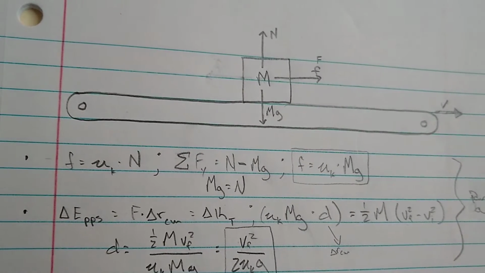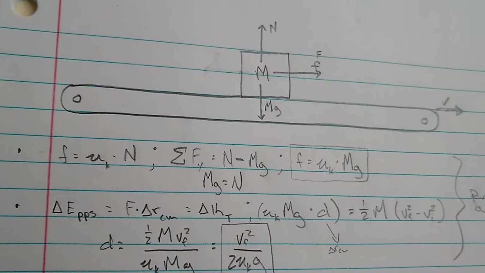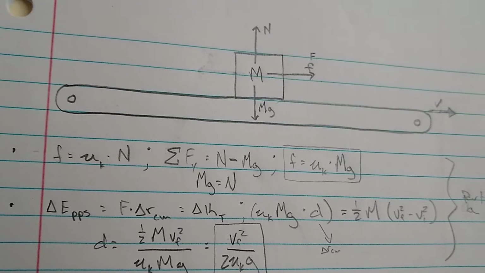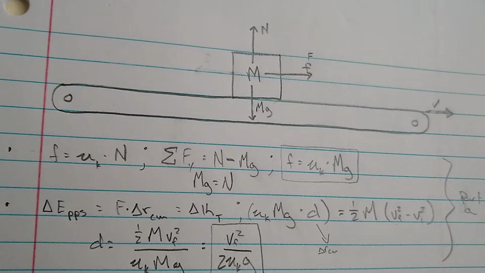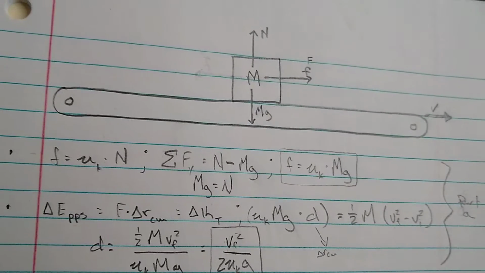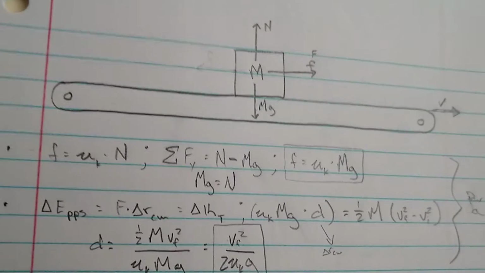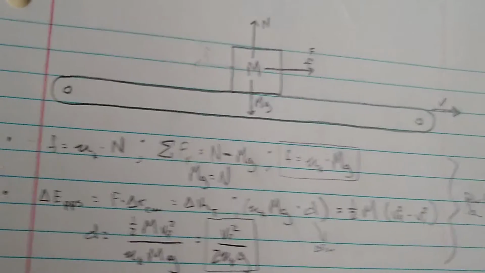Okay, and we have the sum of forces in the y direction now: the normal minus the gravitational force, and that means that the gravitational force equals the normal force because it's just sitting there on the conveyor belt, moving at a steady acceleration.